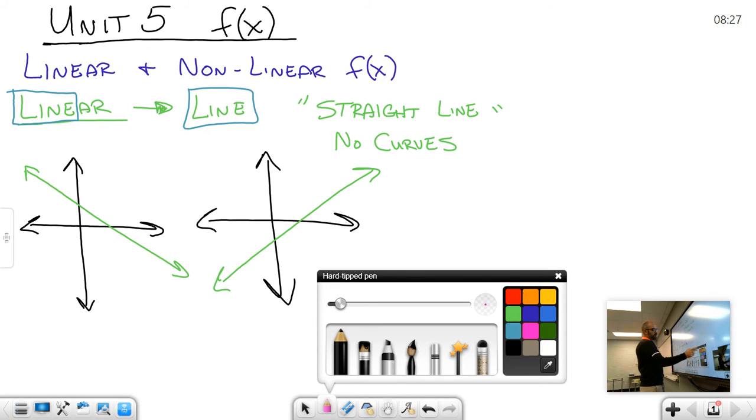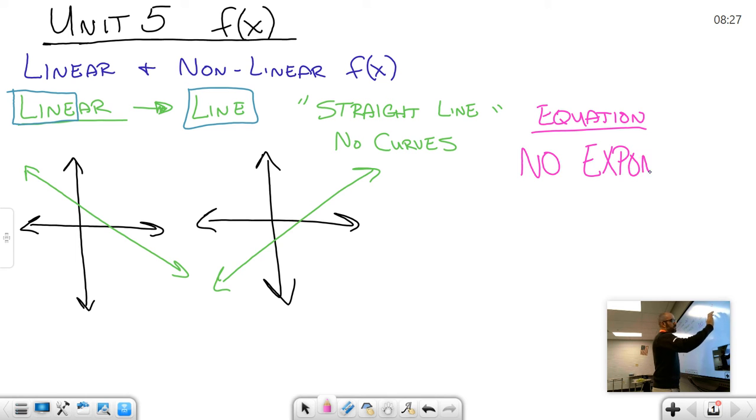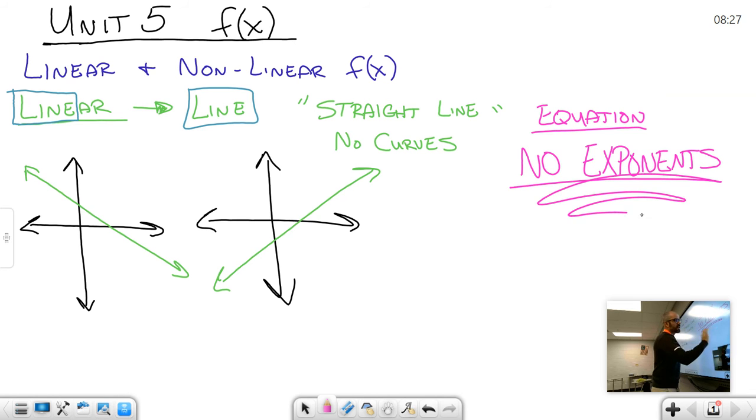So for linear, what does the equation look like? The equation is fairly simple. I want you to write this in all caps and underline it: no exponents. The equation has no exponents on the variables.